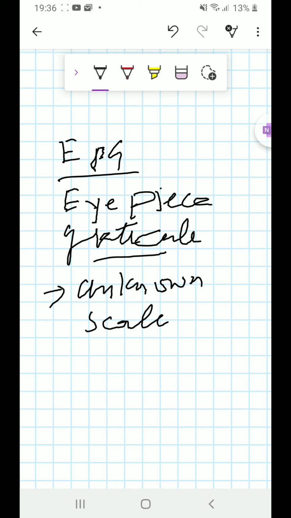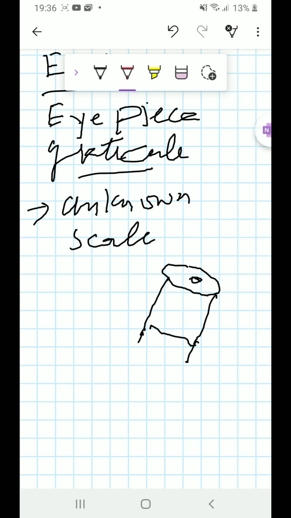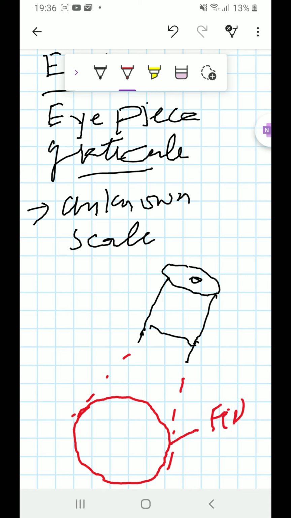If this is, for example, an eyepiece, so this is fitted into it. When we view through an eyepiece in a microscope, we will see a lit area under a microscope in front of our eyes. This is known as the field of view.